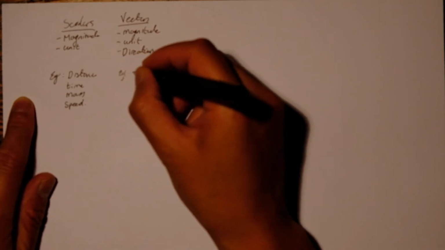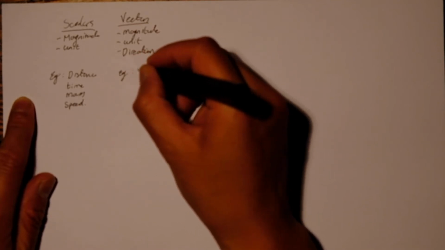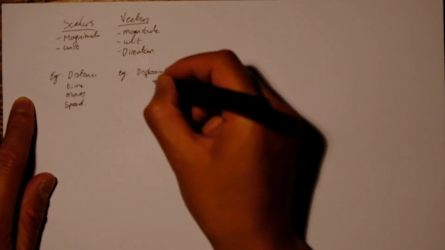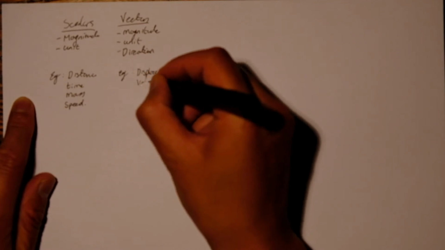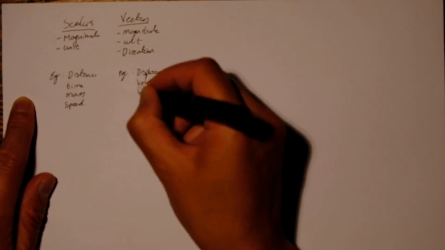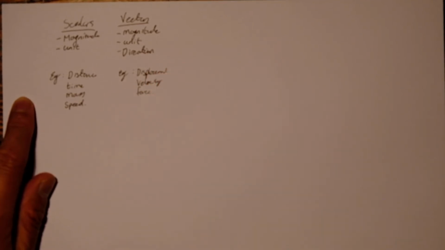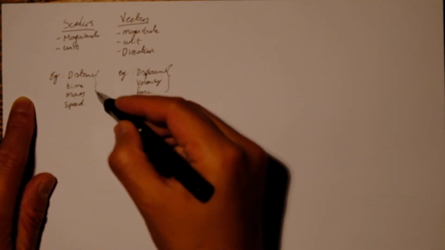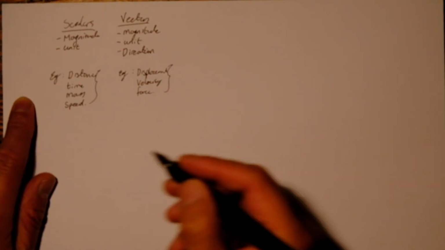Examples of vectors would be essentially your displacement, and you have velocity and force. Okay, so all of these have a direction, all of these do not.